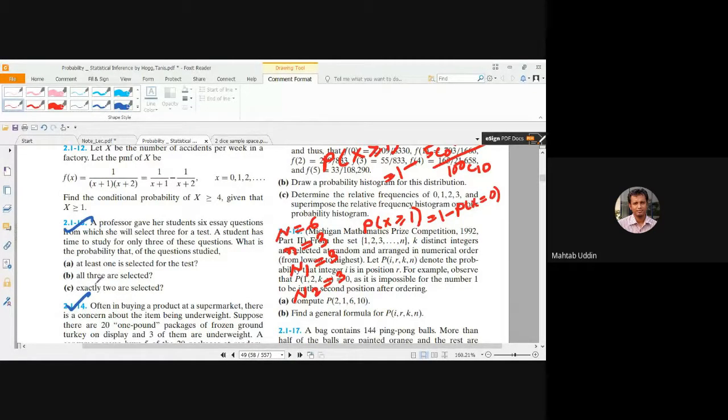Oh, what a lucky. 3টা পড়ছে 3টাই চলে আসছে, তাই না? Exactly 2 selected. তার মানে কি? ক্যালকুলেশন নিজে করবা। Question out, right? Yes, sir. Okay. Do the calculations by yourself.